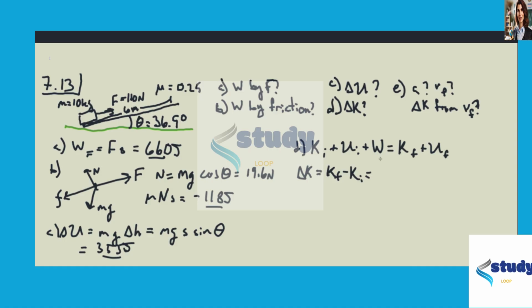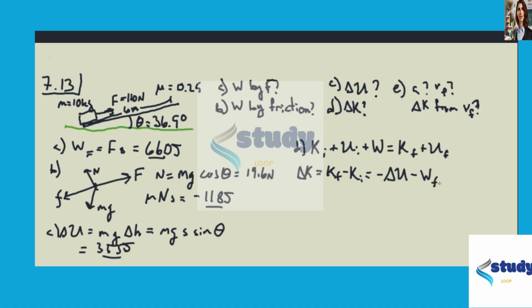So imagine taking this over here. We end up with negative delta U, because we'll have a U initial minus U final, and delta U is U final minus U initial, so swapping them around is the negative of that difference, minus the work done.